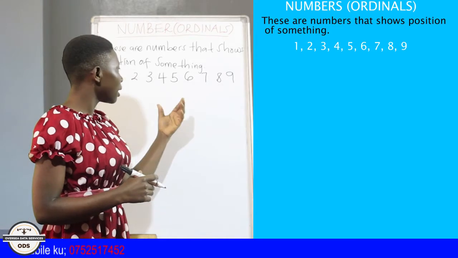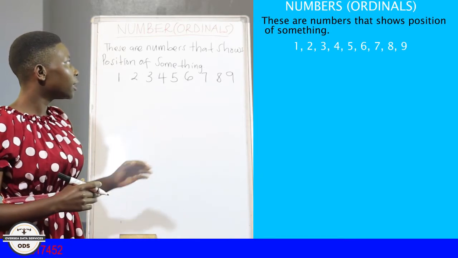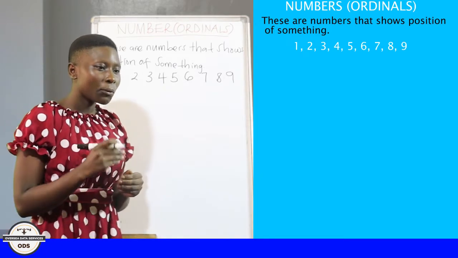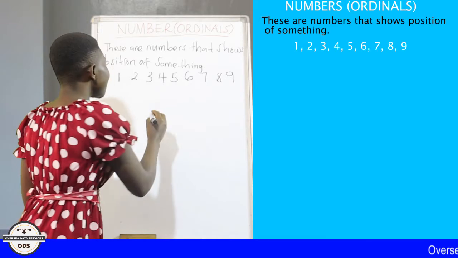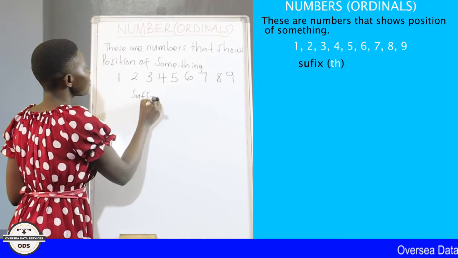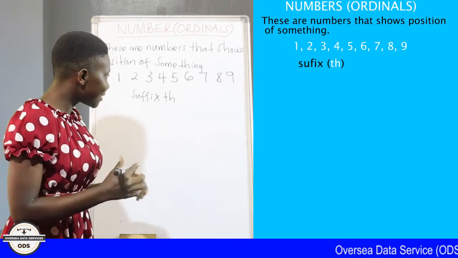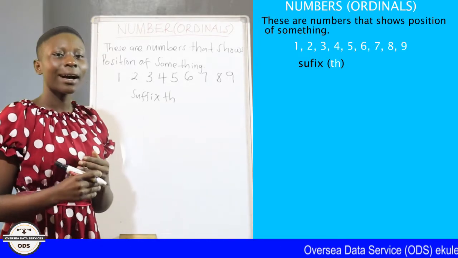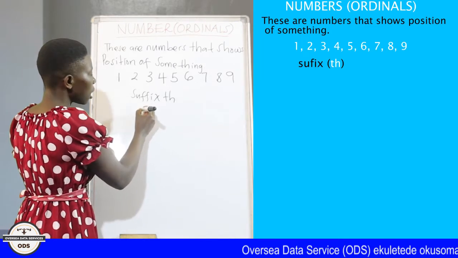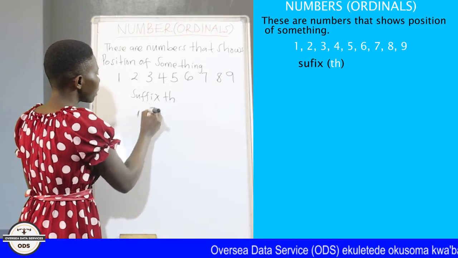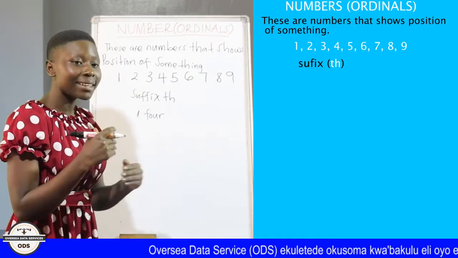I want you to note something here about these ordinal numbers. When we are writing ordinal numbers, we add the suffix th. When I say suffix, they are letters we add onto a word, and it becomes another word. For example, the word was 4, then we add the suffix th.